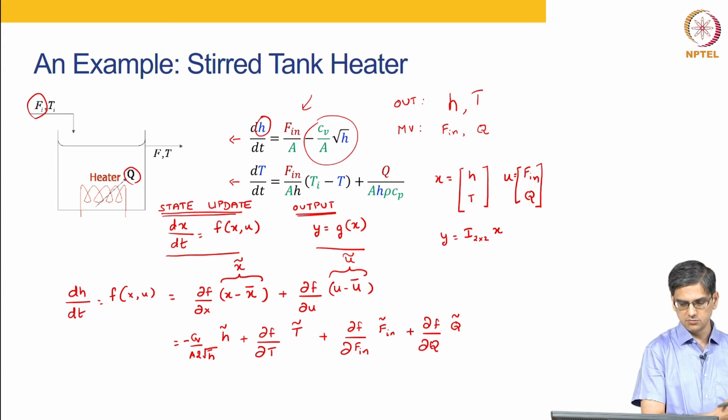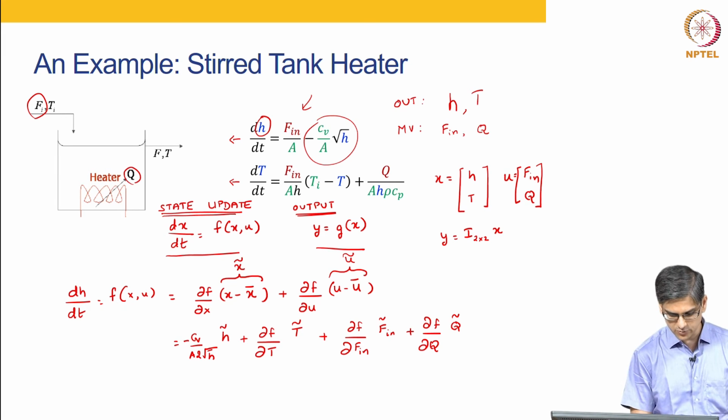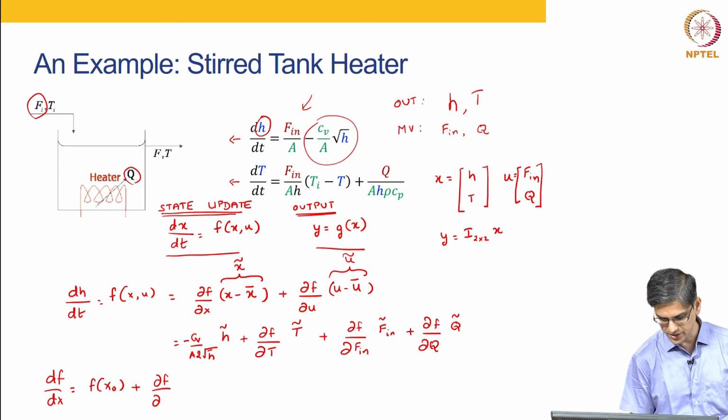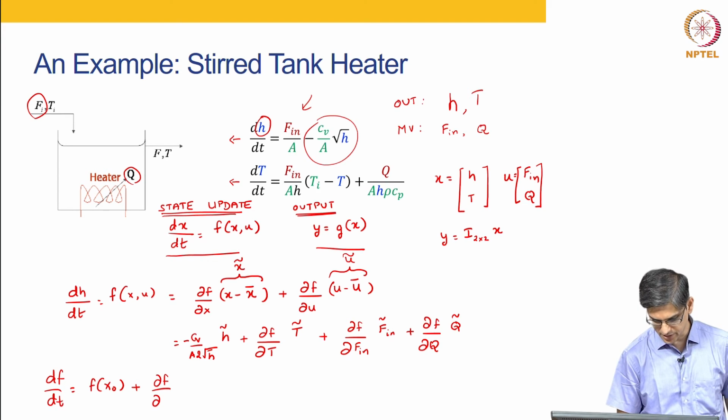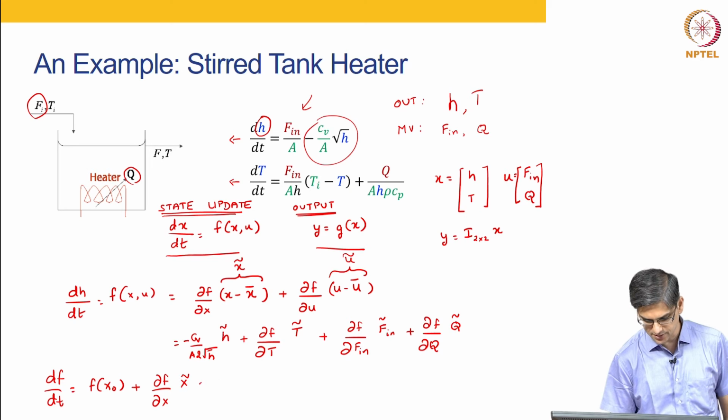So when we do the Taylor series expansion, we write f of x naught plus ∂f/∂x x tilde plus ∂f/∂u u tilde.